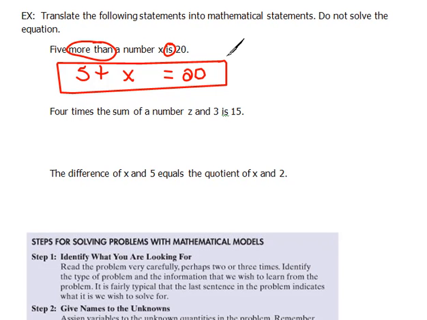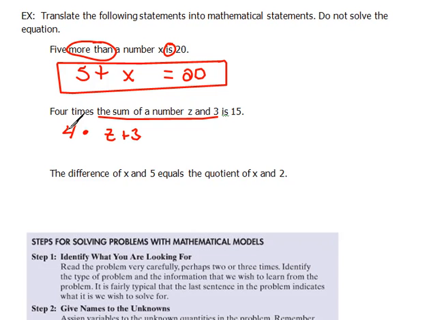The next one says 4 times the sum of a number z and 3 is 15. So let's do it part by part. 4 times. That's telling us to take 4 and multiply it to something. But what are we multiplying it to? The sum of a number z and 3. The sum of a number z and 3 would be z plus 3.